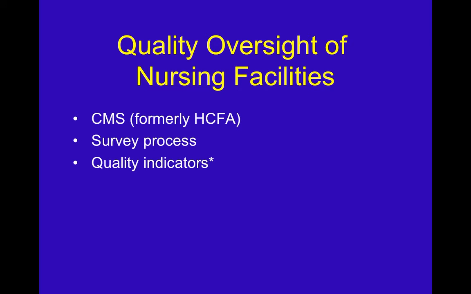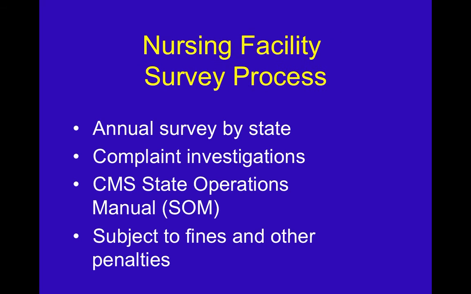The other thing that is posted to help guide nursing facilities is quality indicators, and we'll give that talk shortly. It should be posted online for you, and quality measures, which go hand in hand. During the survey process, there's an annual survey by the state. Any of these investigators from the Department of Health or CMS can come in at any time if any complaints are filed with the nursing home by anybody.